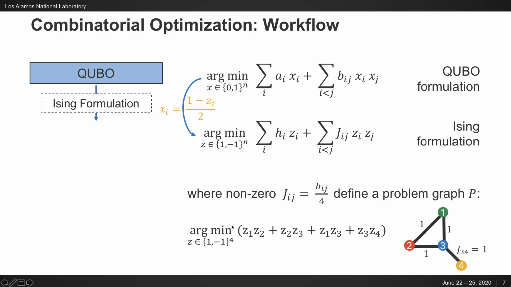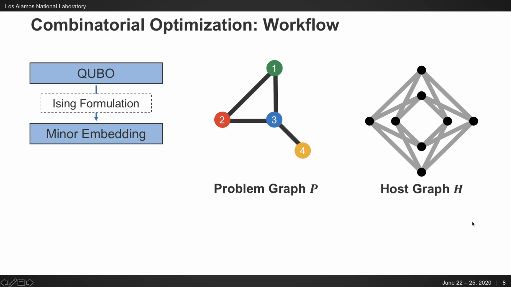For example, here this problem on 4 variables z1 to z4 will have this problem graph P here, where each of the couplers 1, 1, 1, and 1 here results in an edge of the problem graph. Now, when we have a problem graph P and the host graph H, then we need to embed this problem graph into the host graph.